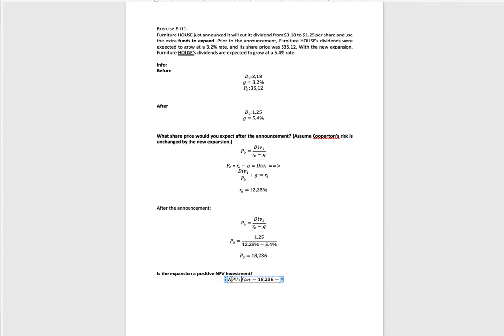We need to find what is going on after compared to before.